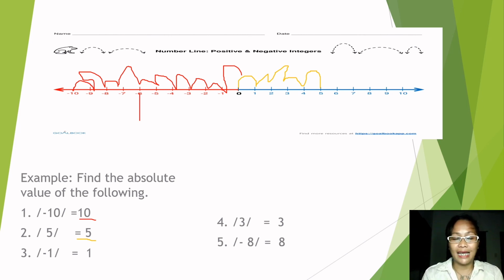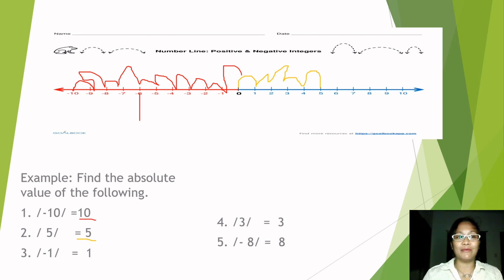Tapos, ito ay pare-pareho ang distansya ng numbers. And syempre, pag sinabi nating absolute value, yung distance from 0 to any given number, yun ang tinatawag nating absolute value. At ang integers naman ay kinabibilangan ng positive numbers and negative numbers, including 0.